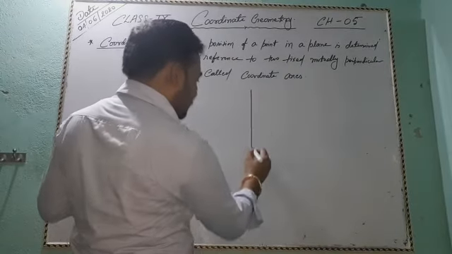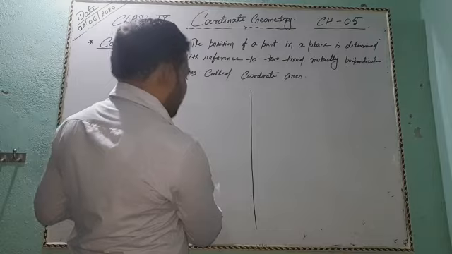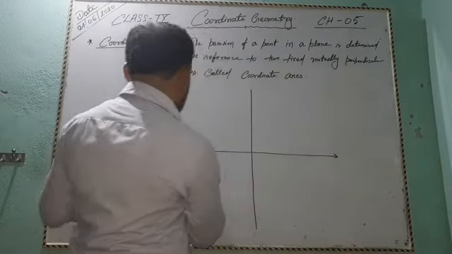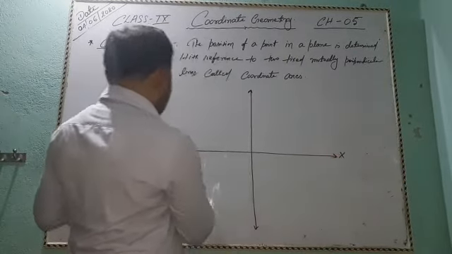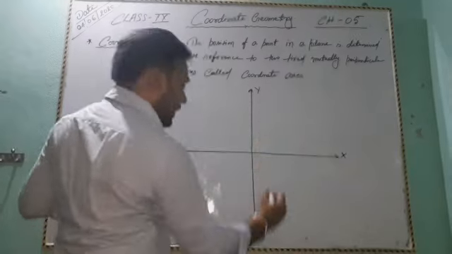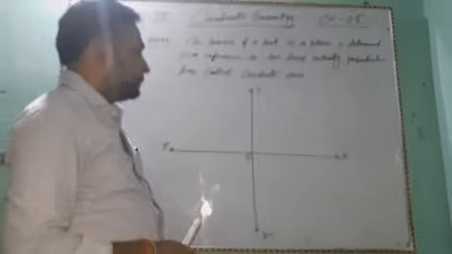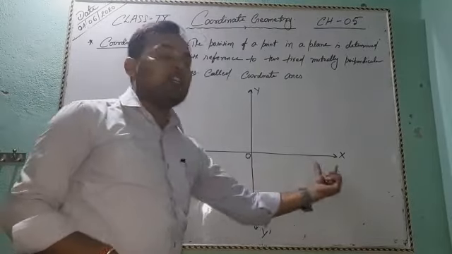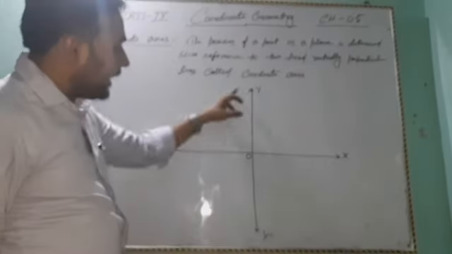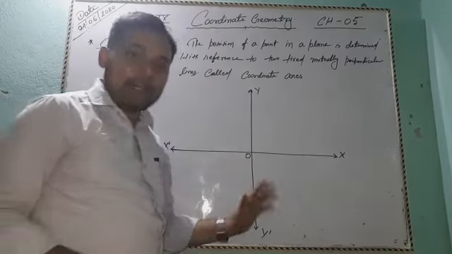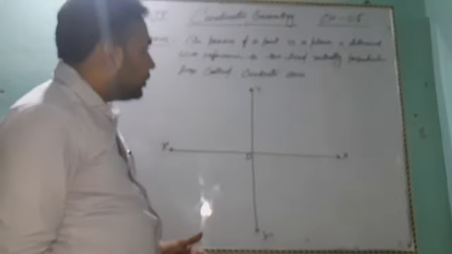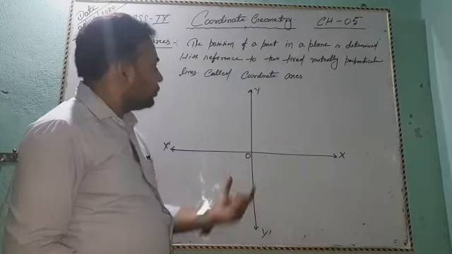So we draw a diagram: X', Y', O. In this figure, X'OX is the horizontal line and YOY' is the vertical line, and both lines are mutually perpendicular to each other.